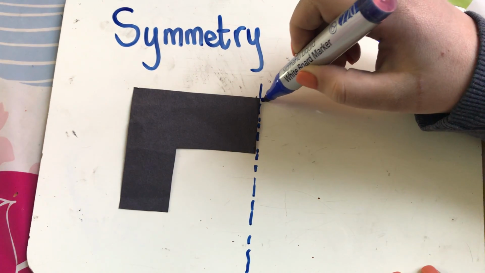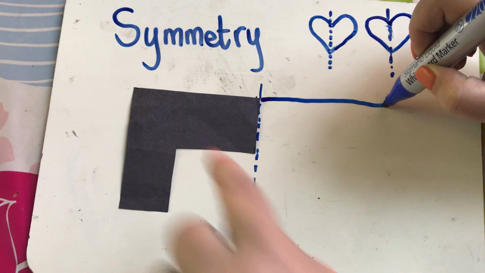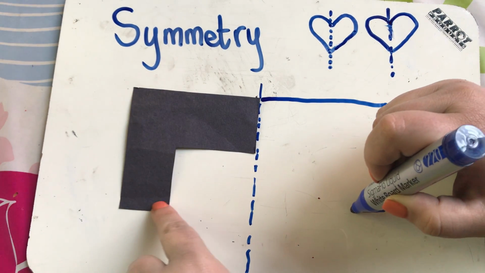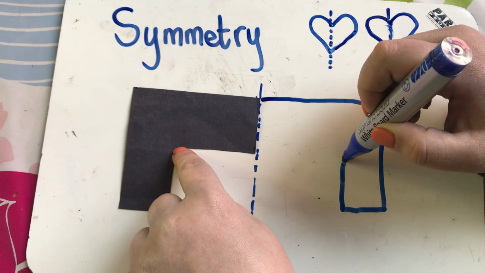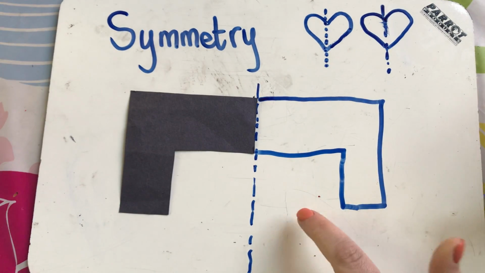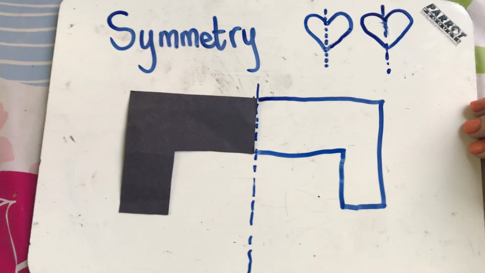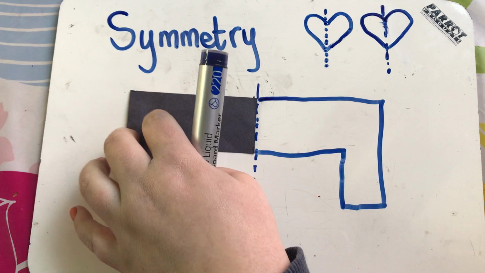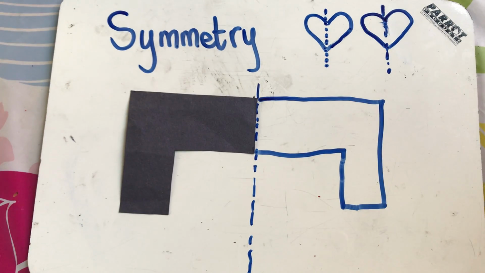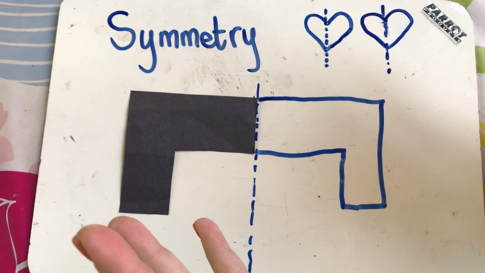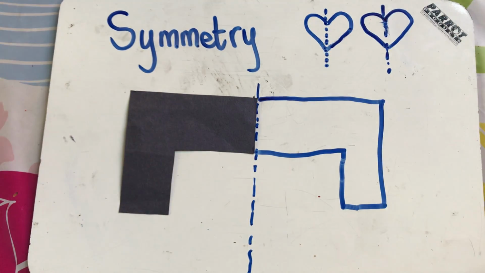So here we go, far out, down, in, up, and back together. Obviously it's not precise, but you get the idea. You are drawing the symmetrical side of this shape. Symmetry means it looks exactly the same on both sides of the line, but in mirror images.